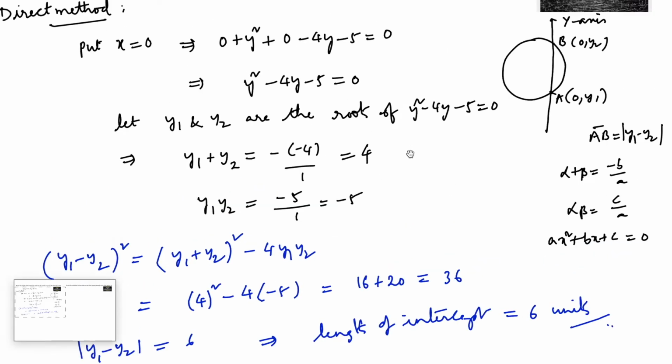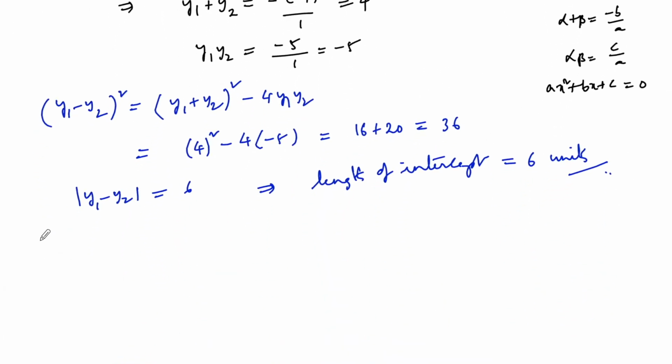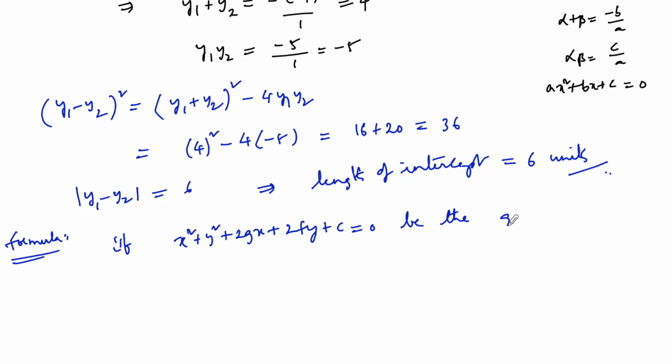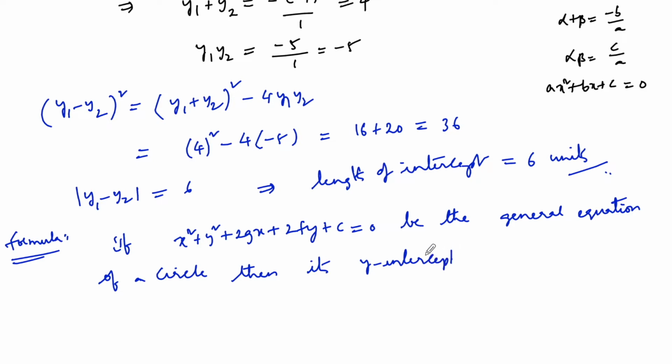This is the direct method, and now by using the formula: if x square plus y square plus 2gx plus 2fy plus c equals to 0 be the general equation of a circle, then its y-intercept is 2 root of f square minus c, whereas its x-intercept is 2 root of g square minus c.